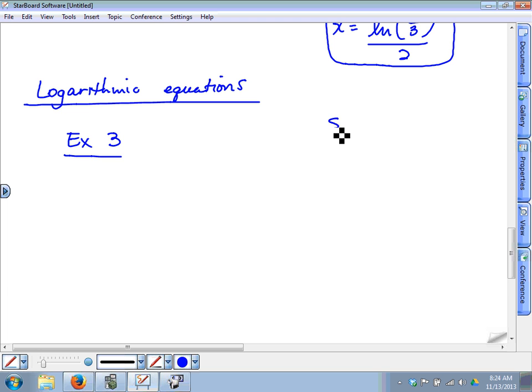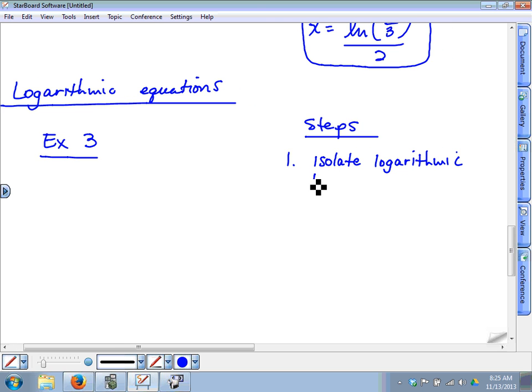After I list the steps, and you write down the steps, they're very similar to the steps for exponential. For exponential, we isolated the exponential term. So for logarithms, we're going to isolate the logarithmic term. Now put something in parentheses here.